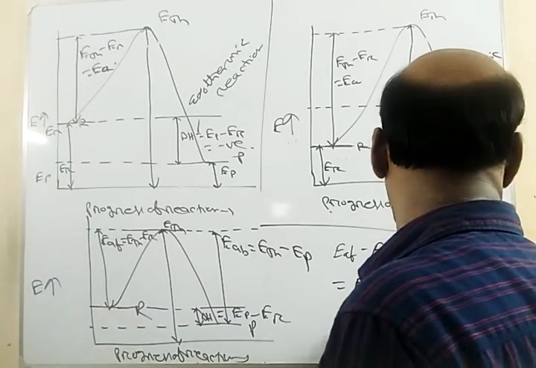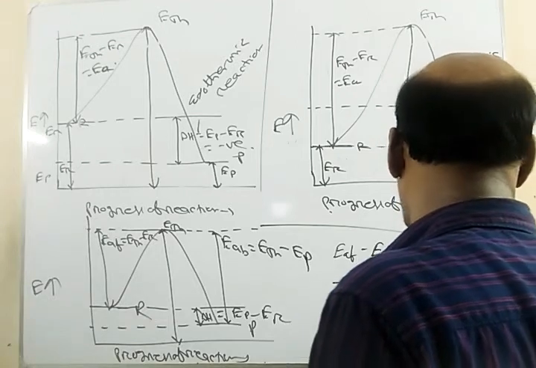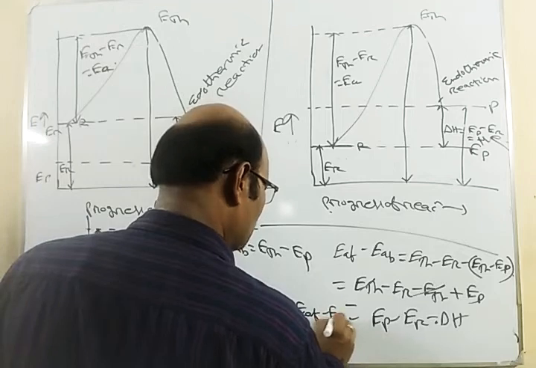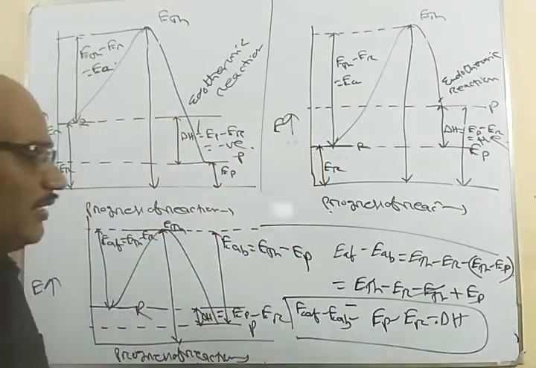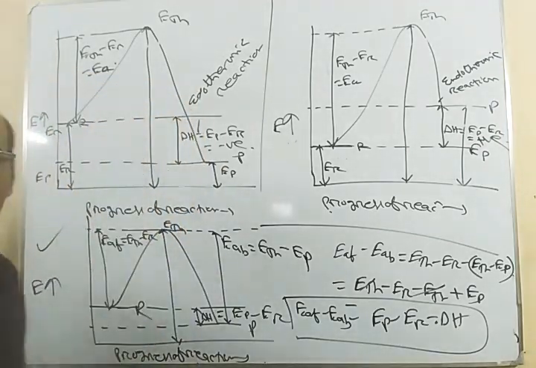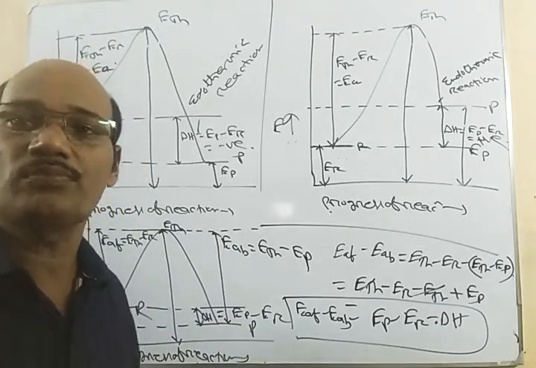So EP minus ER is equal to delta H. Okay. So EAF minus EAB is equal to EP minus ER, equal to delta H. This is the activation energy for the reversible reactions.